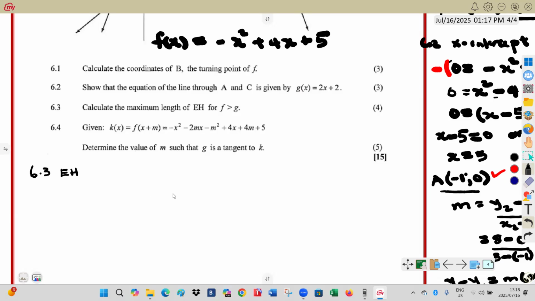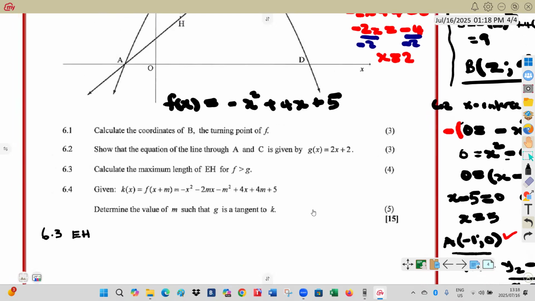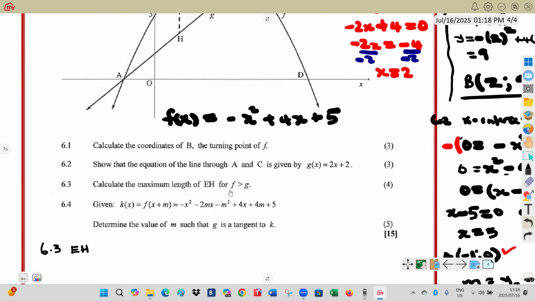They said F is greater than G. So for the vertical distance between two graphs, we just say graph on top minus graph below. So generally EH, the graph on top, we are already told it's F there. So it will be equal to F(x) minus G(x).